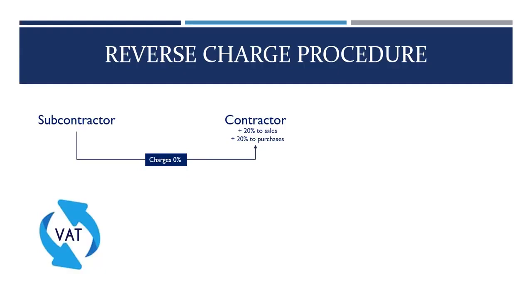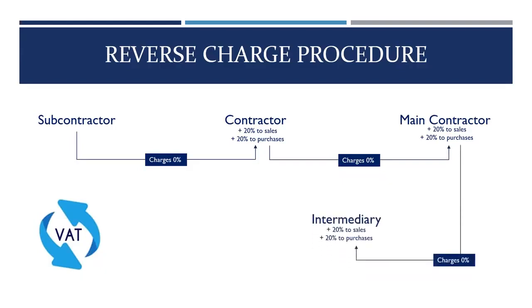What you're doing is passing the line up. So the next person then charges 0 VAT to the main contractor. The main contractor then adds VAT to their sales and to their purchases, and the box five makes no difference, and on we go through.